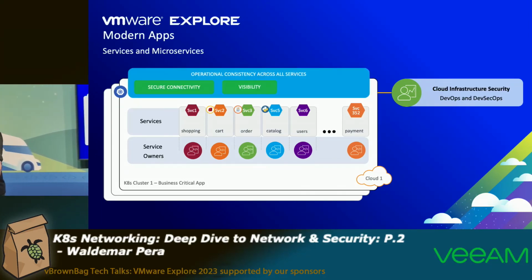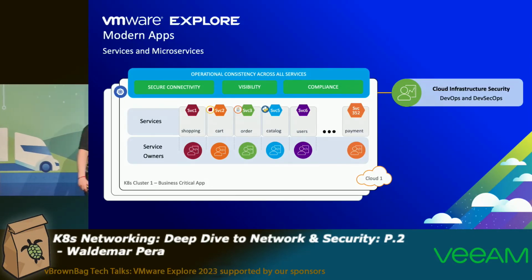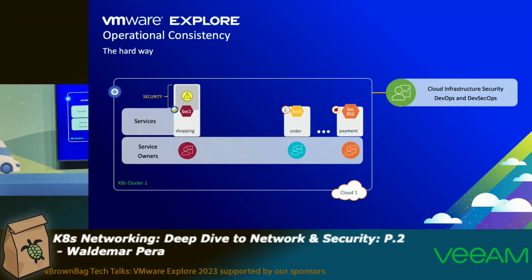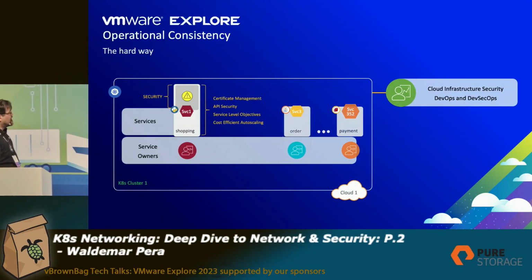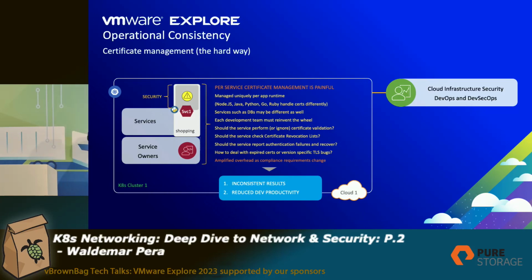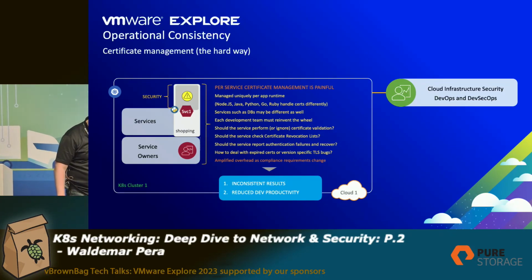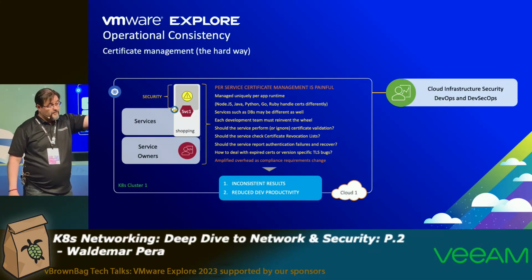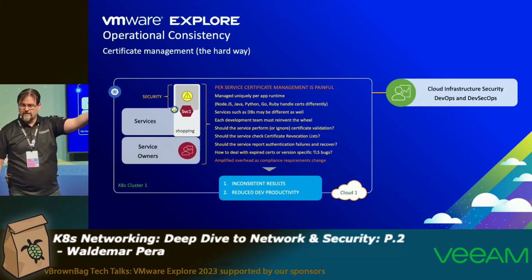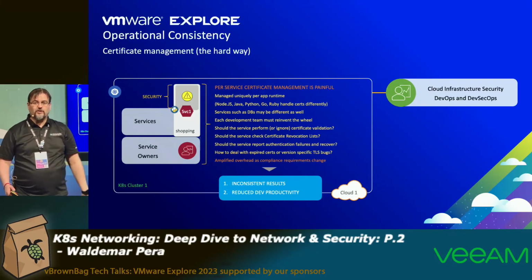Is it possible to run that? Yes, but I need security, connection, visibility, and compliance. Each person creates this in their pod, and you start to see the problem. Who handles the certificates? Who handles them as they expire and expire? What are the security rules?